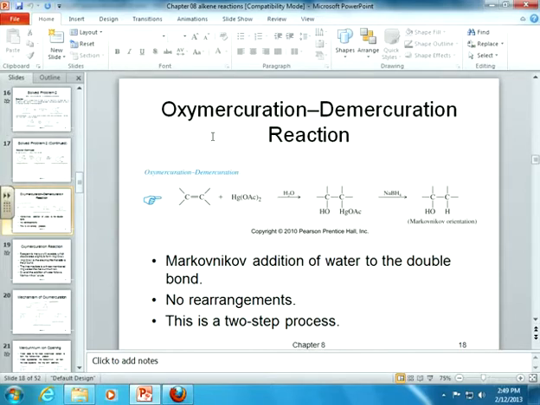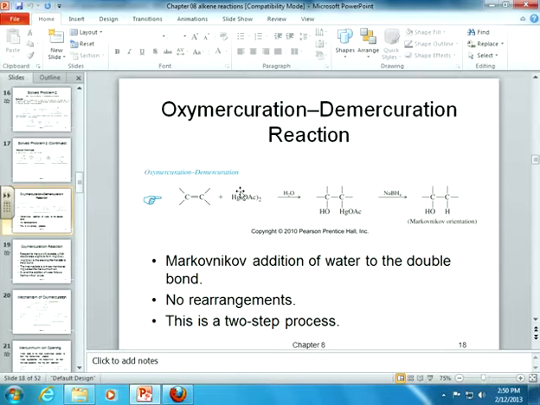This reaction, I don't quiz you over the names of them, but if you'd like to know, it's called an oxymercuration-demercuration. NaBH4 takes off the mercury. The H3O plus one is just called a hydration. You don't have to know the names, but if it helps.